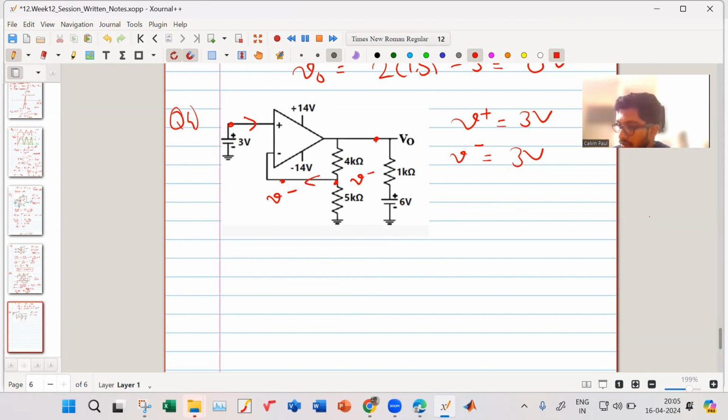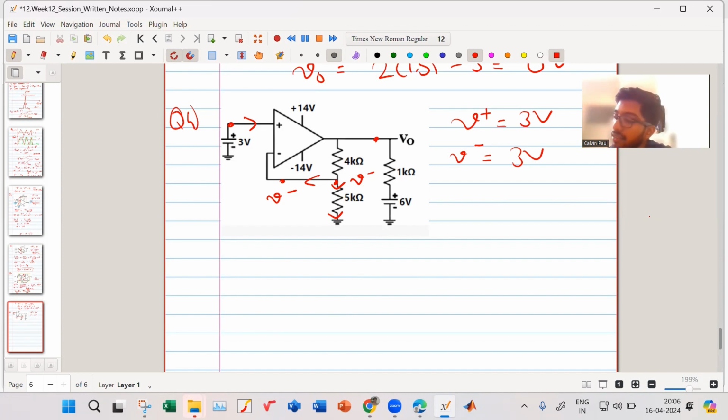It will be 0. What is the current flowing in this 5 kilo ohm resistor? It will be the current coming from V naught. But I know the value, no? What is that value I'm asking? So 3 by 5 kilo ohm.